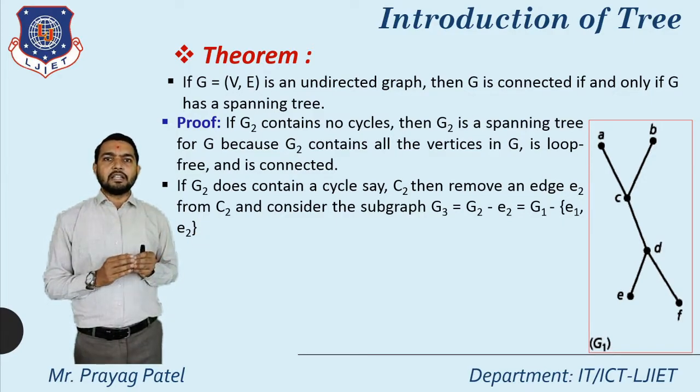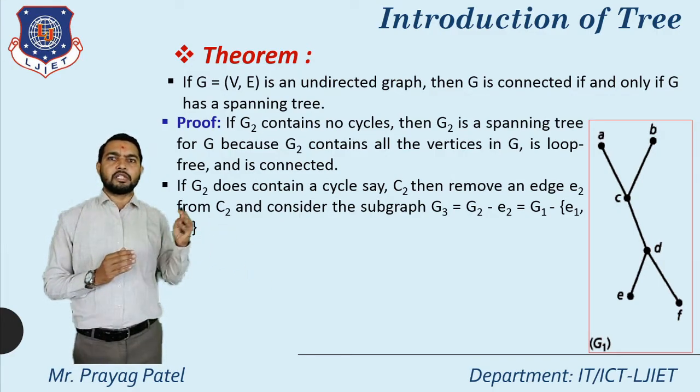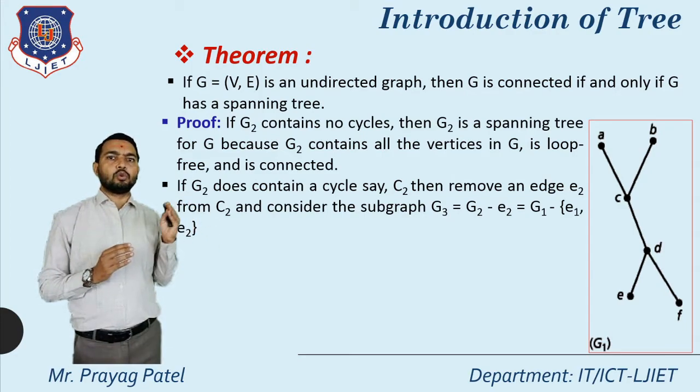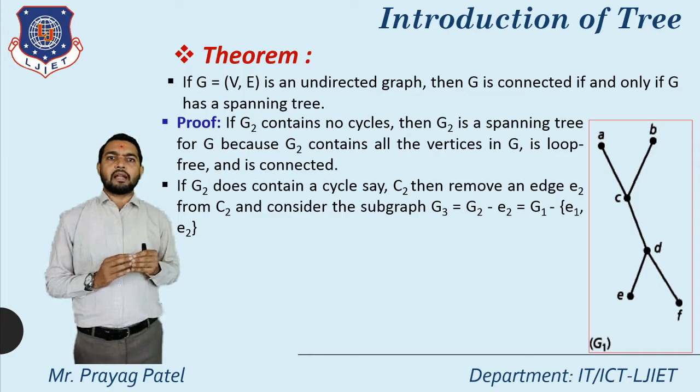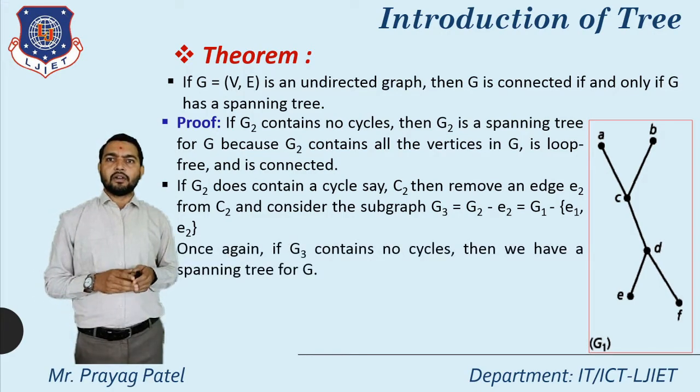For removing the cycle C2, we remove the edge E2 from the cycle C2 and consider the subgraph G3 equal to G2 minus E2. So that is G1 minus E1 minus E2.